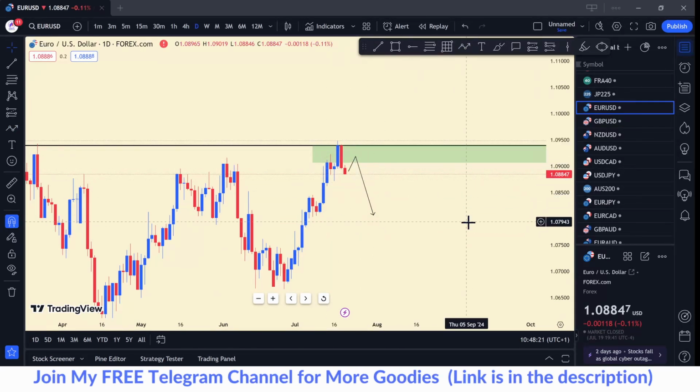Now, one of the biggest mistakes I used to make back then when I was trading is I would think that, because Euro USD is selling, every other pair against the USD should also be selling. That means I should be buying USD and selling Euro. But in most cases, it doesn't happen that way.